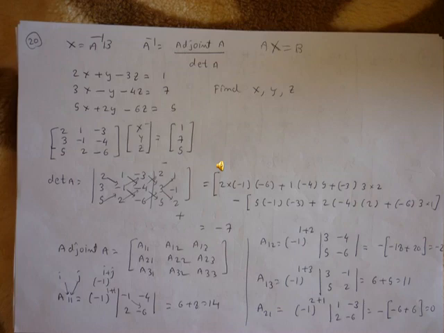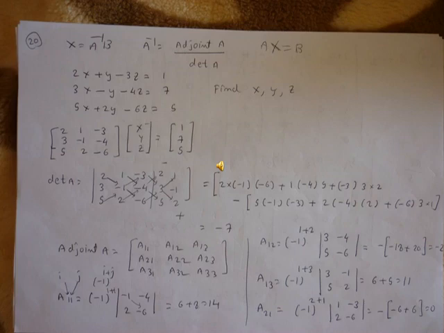We have to write down the first 2 columns again: 2, 3, 5, and then 1, minus 1, 2. Then we have to use cross multiplication along the arrow directions. So 2 times minus 1 times minus 6, plus 1 times minus 4 times 5, plus minus 3 times 3 times 2.